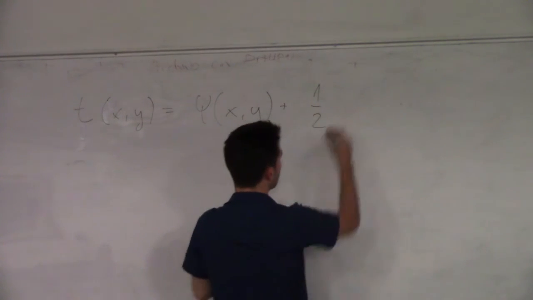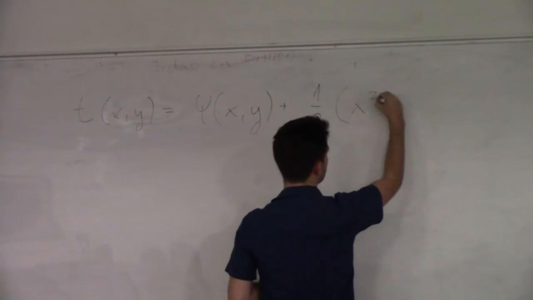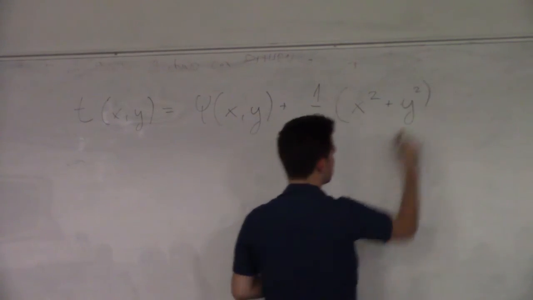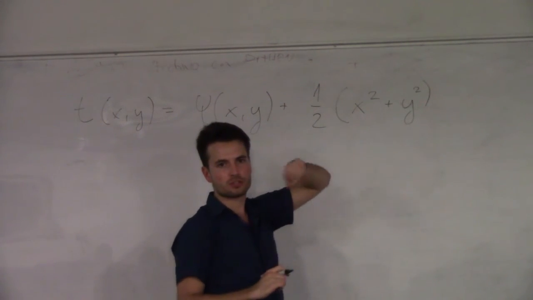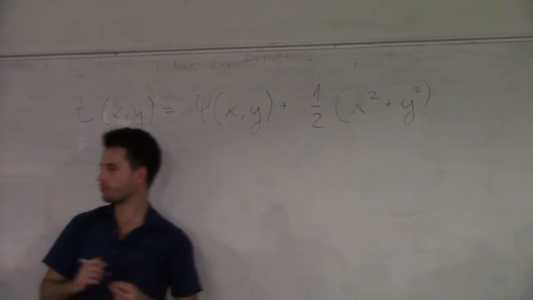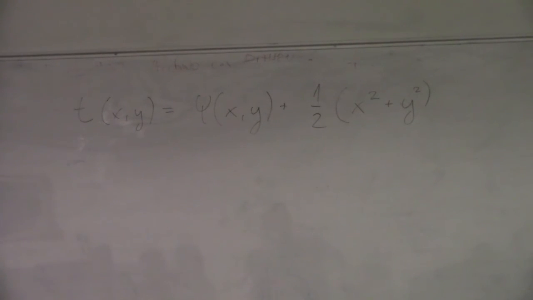So you only need to add a term that is x squared plus y squared, where x and y are the position of the image you are considering. My apologies for that, I'll modify the sheet.